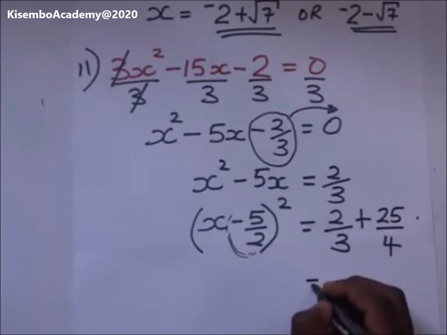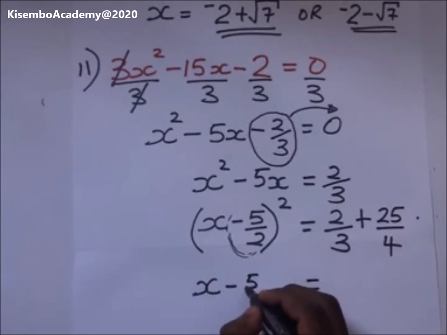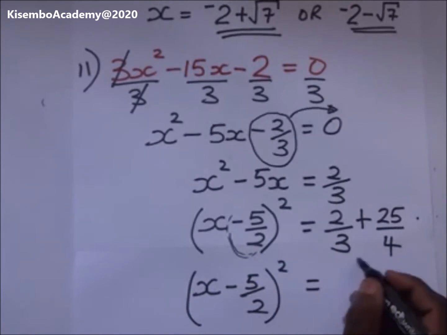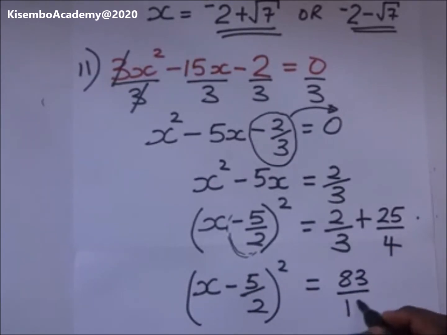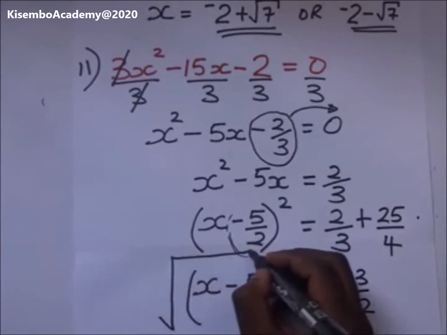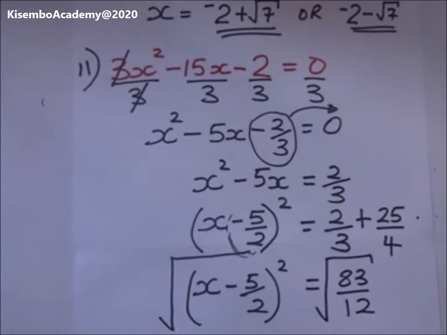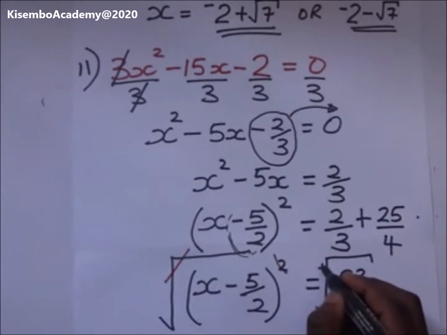And definitely our answer here is going to become x minus 5 over 2 squared is going to be giving us 83 over 12. So when we find the square root on both sides, we realize that this is going to cancel with that. Here we have plus or minus.